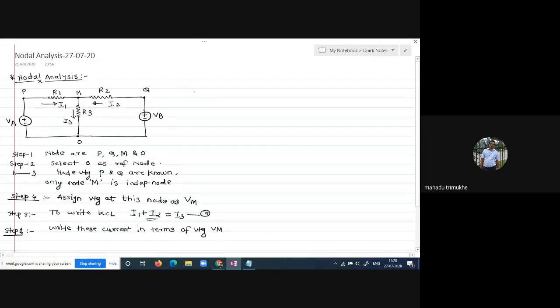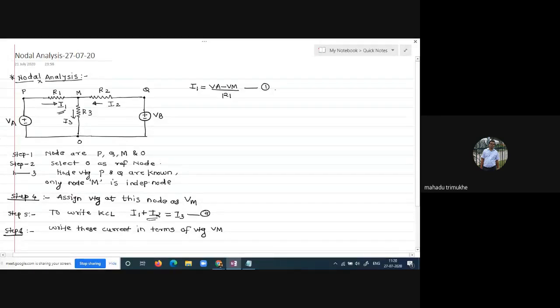So I1 we have to write as per Ohm's law, I is equal to V by R. Starting from VA, we have to find out I1 here. I1 is nothing but VA minus, the current is flowing from positive to negative, means VA minus VM, and resistance is R1. That is equation number 1.